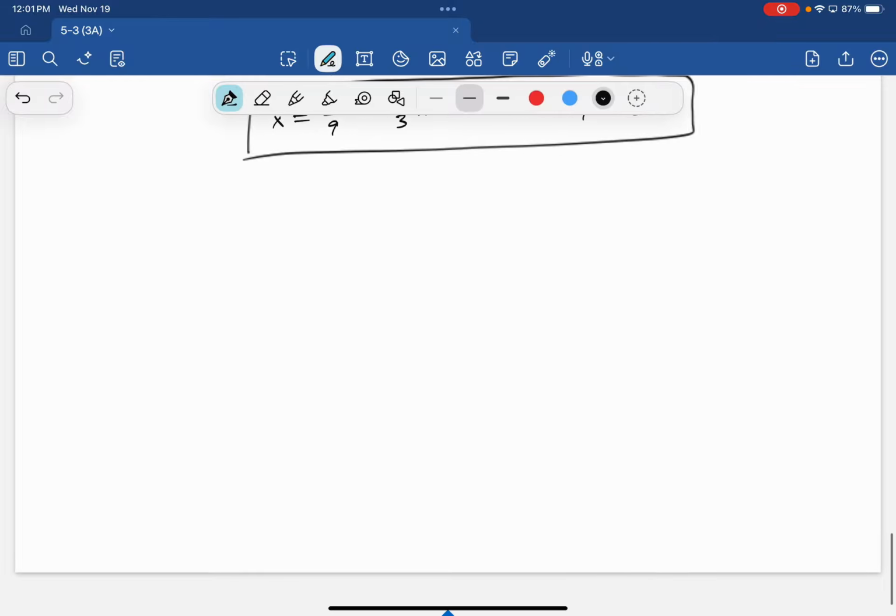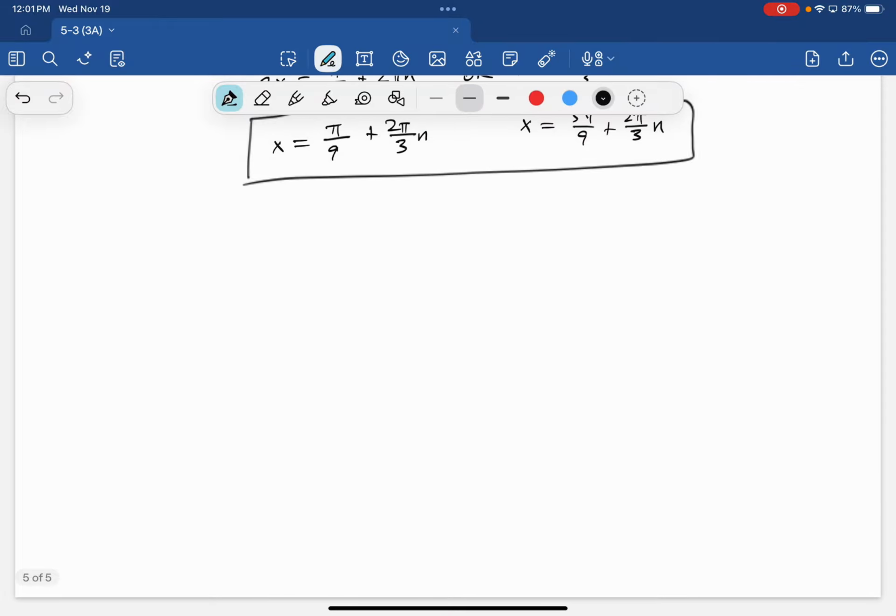So 2A is very tricky, so let me do an example to illustrate how you do those. Let's say we had this equation. Okay, quiet please, guys.